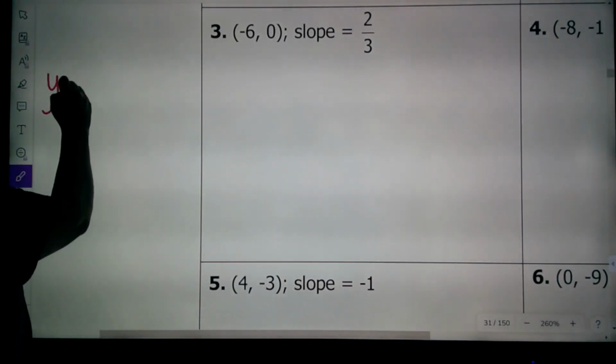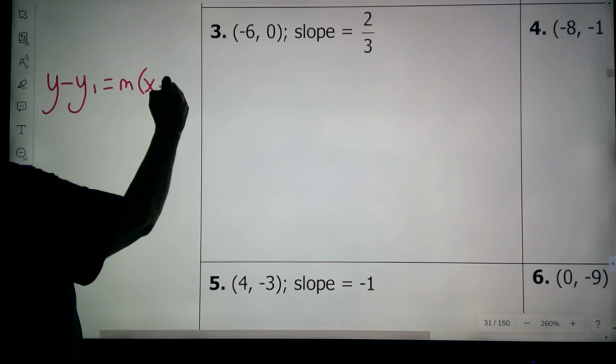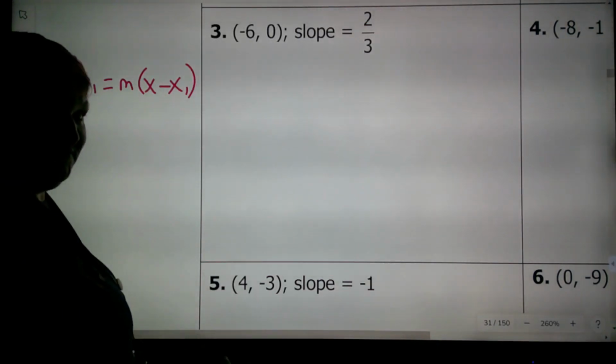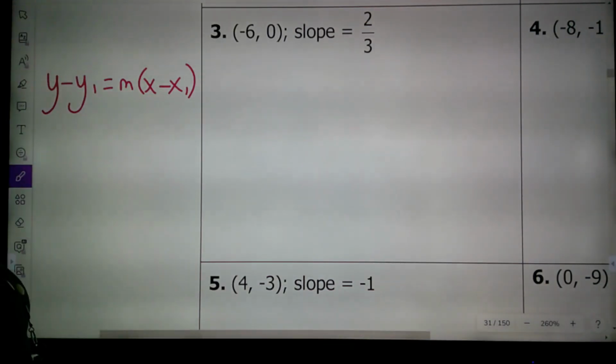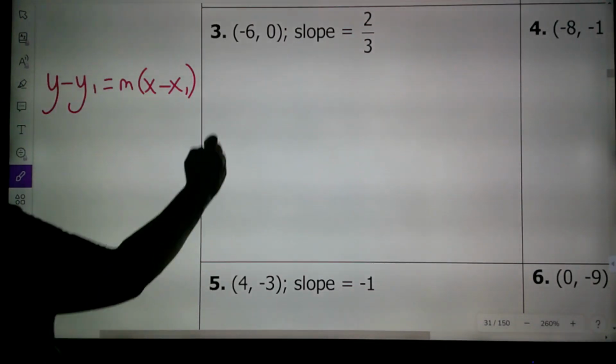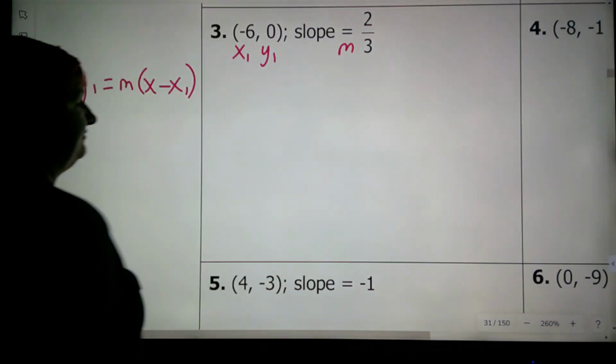Alright, formula: y minus y1 equals m, parentheses, x minus x1, parentheses. If you put an open parenthesis, you have to put a closed parenthesis, always. x1, y1, m.